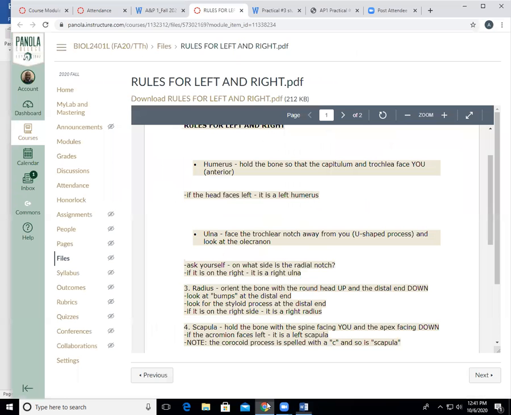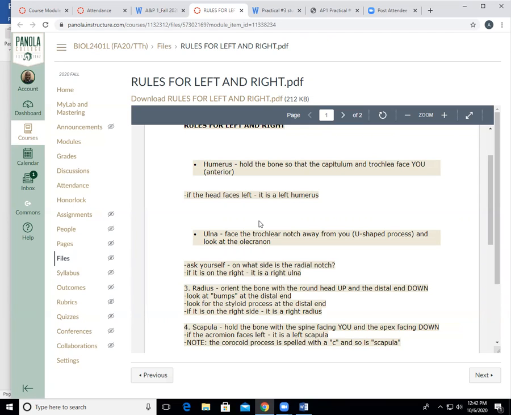Okay, so for radius and ulna, for the ulna, face the trochlear notch, face the C away from you, and look at the olecranon, and you ask yourself what side is the radial notch. If it's on the right, it's the right ulna. What's on the left is the left ulna. And for the radius, you orient the bone with the round head up and the distal end down.